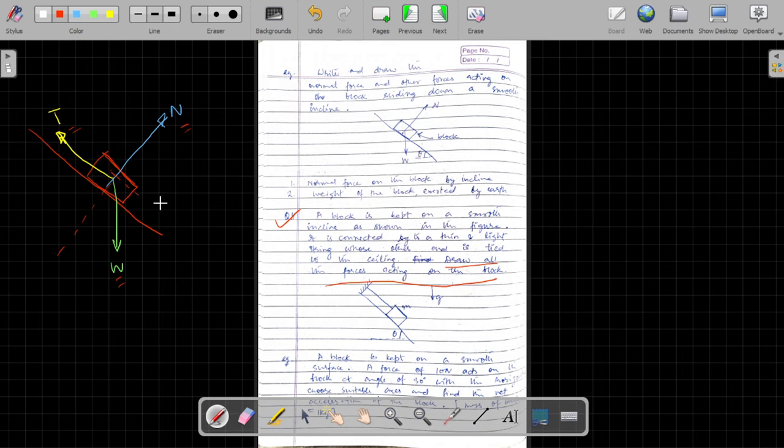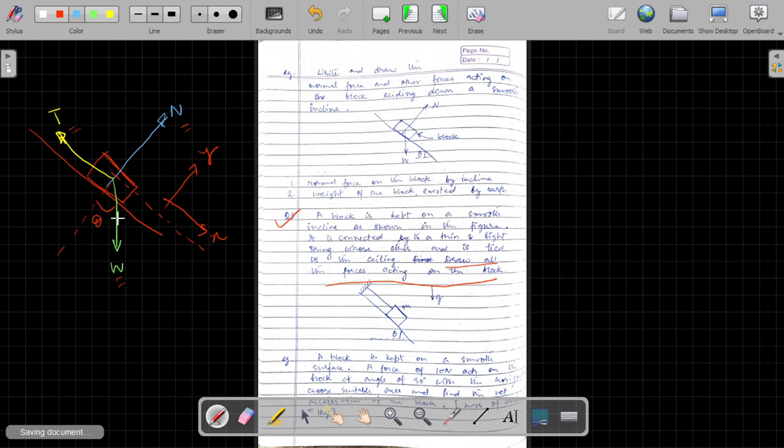So, like we did in the previous question, we will be taking the components of weight along the incline and perpendicular to the incline. So, along the incline, the direction which we have is x, and perpendicular to the incline, the direction which we have is y. So, the component of weight along the incline, let's say this angle is some theta.